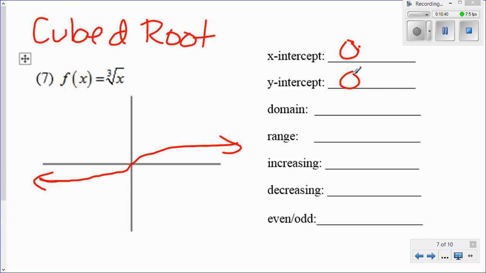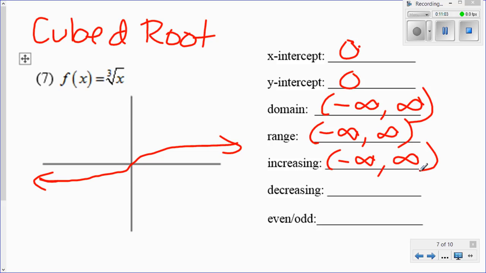The domain, if we look again left to right, we have arrows, so the domain is negative infinity to infinity. The same thing would happen for the range. If we look at it from bottom to top, we still have arrows on either end. And if you notice, again, read it from left to right, this function is increasing always. So from negative infinity to infinity, it does not decrease. And this is also an odd function. If we were to rotate it 180 degrees, we would get the same graph.